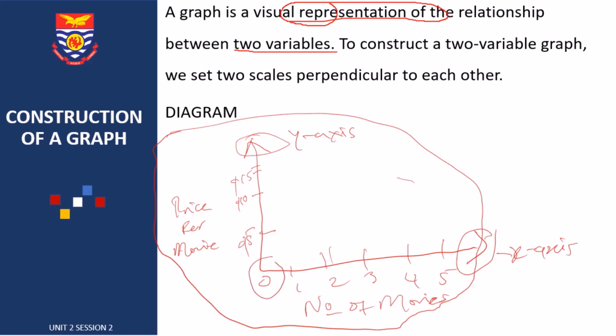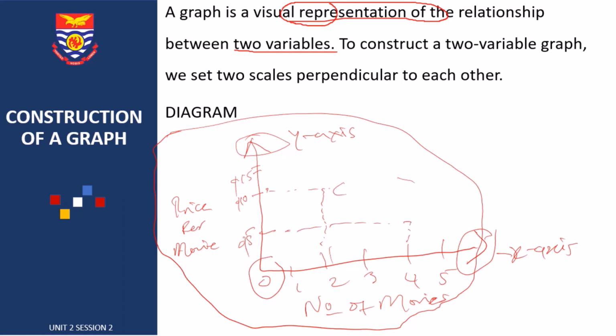Now we can identify the values of the two variables at the points. Let me try and bring some dashed lines. I'm assuming when you watch 2 movies, it is going to cost you 10 CDs. When you watch 4 movies, I'll mark 5 CDs.